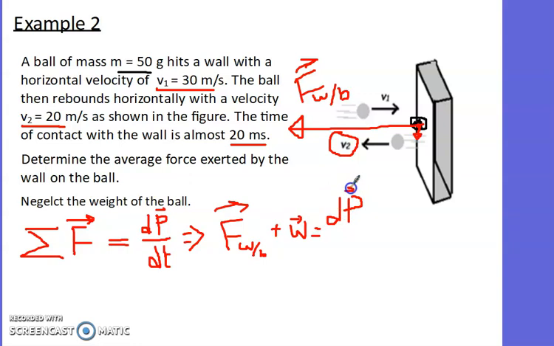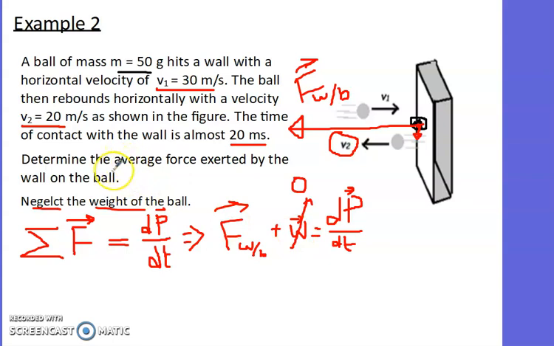over dt. But we are told to neglect the weight of the ball, which means this is approximately 0. Why? Because in this situation the weight is very small compared to the force of the wall on the ball. Okay?